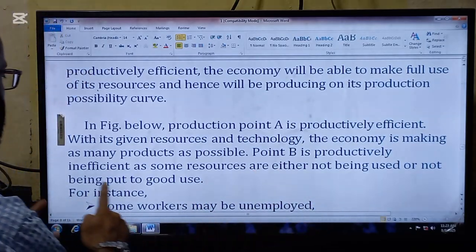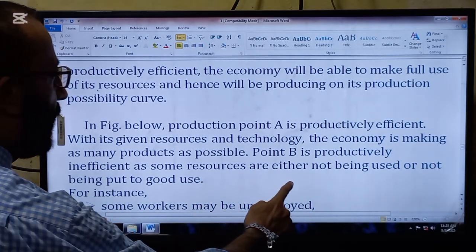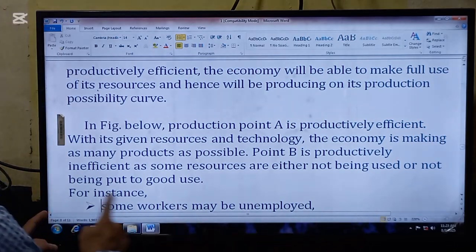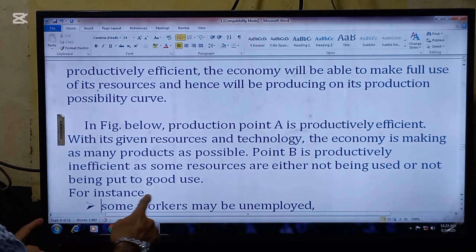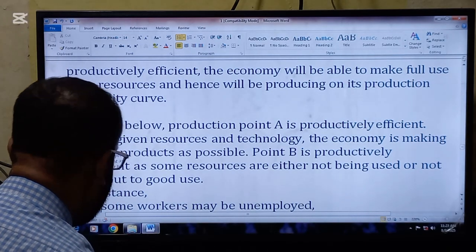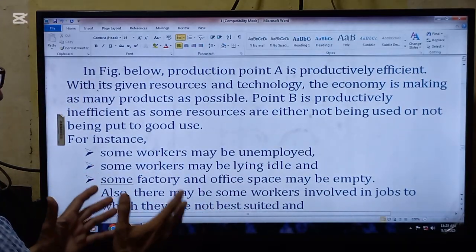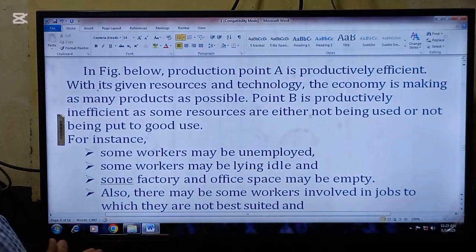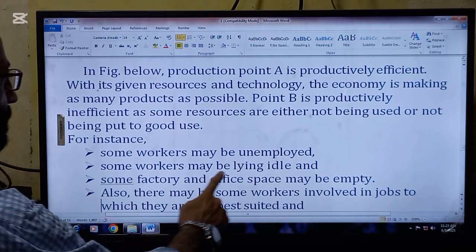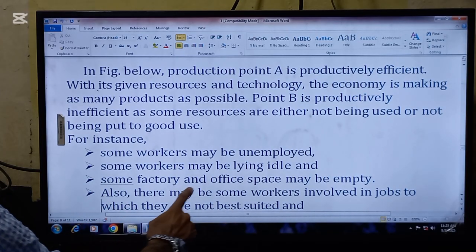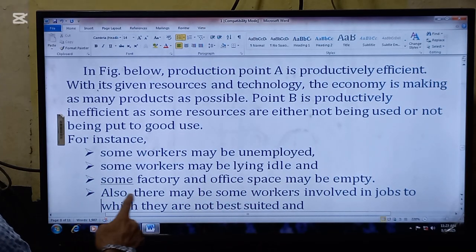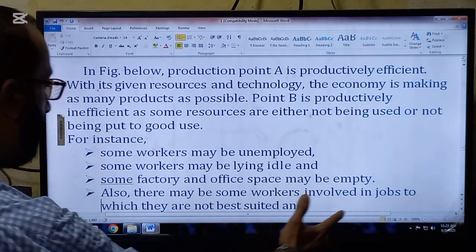With its given resources and technology, the economy is making as many products as possible. Point B is productively inefficient, as some resources are either not being used or not being put to good use. So some workers may be unemployed, some workers may be lying idle, and some factory and office space may be empty.